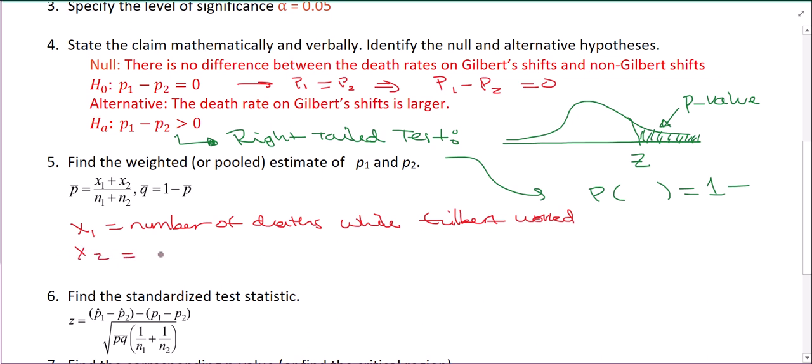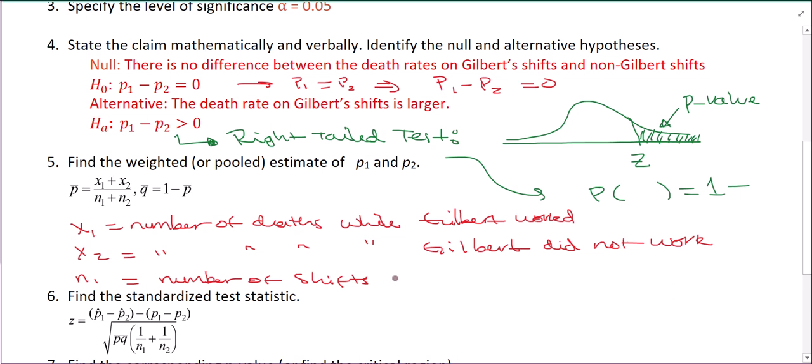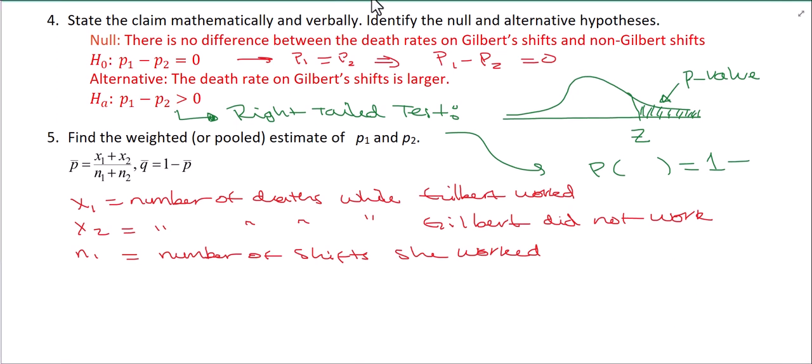And then x2 is the number of deaths while she wasn't working. And n1 is the total number of shifts where she was working, so the number of shifts that she worked. And then n2 is the number of shifts that she did not work.